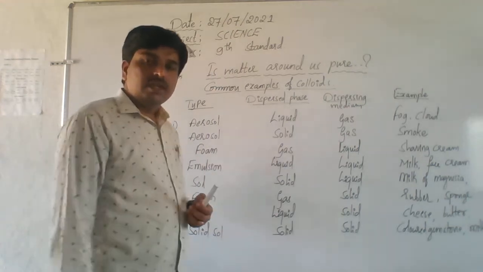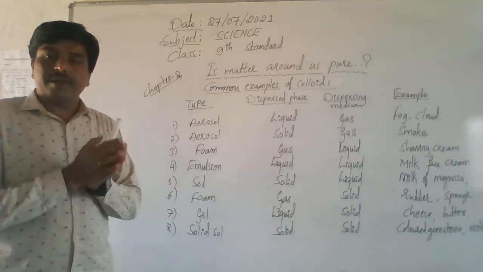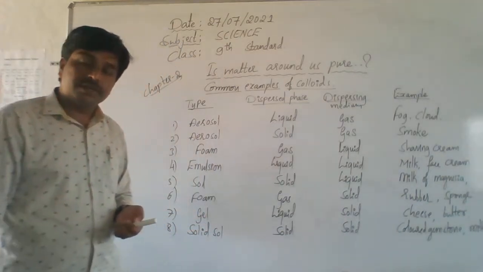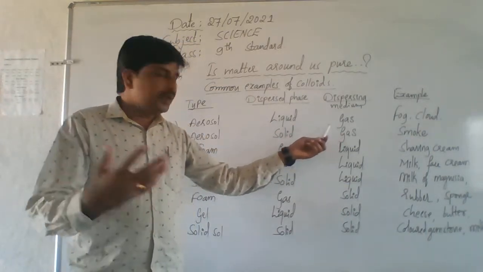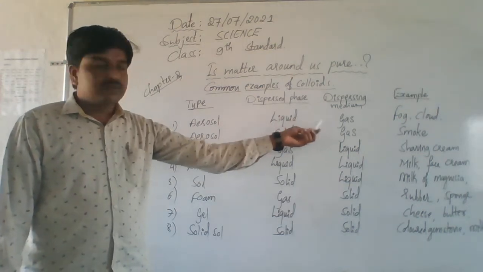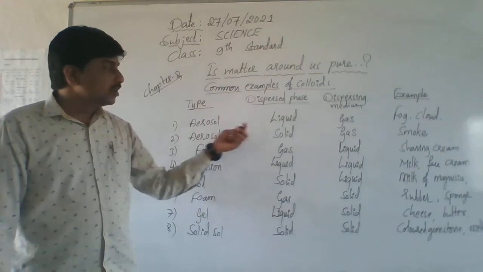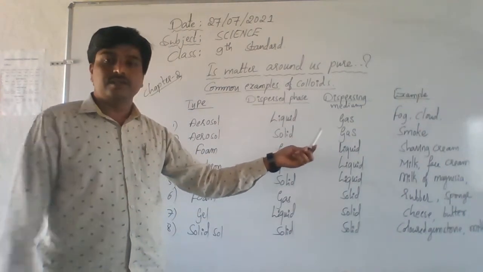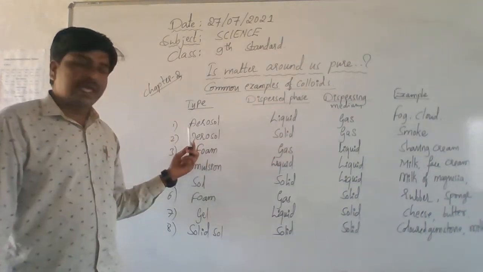This liquid scatters the beam of light, in a medium of gas. Here gas is the medium and the disperse phase is a liquid. So liquid plus gas: this kind of colloidal solution is called an aerosol.